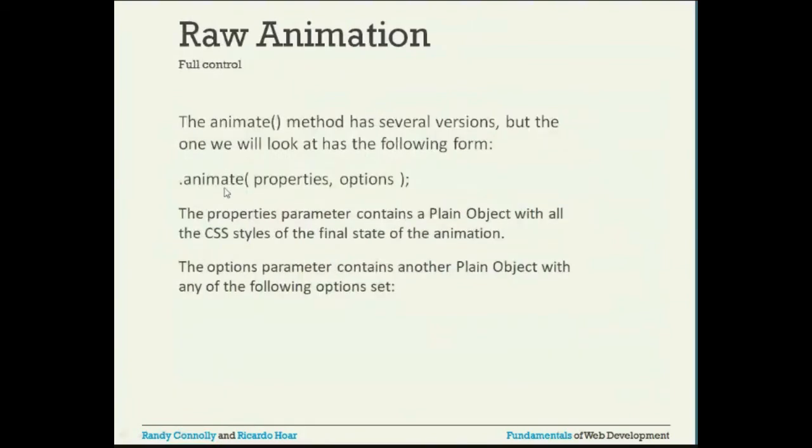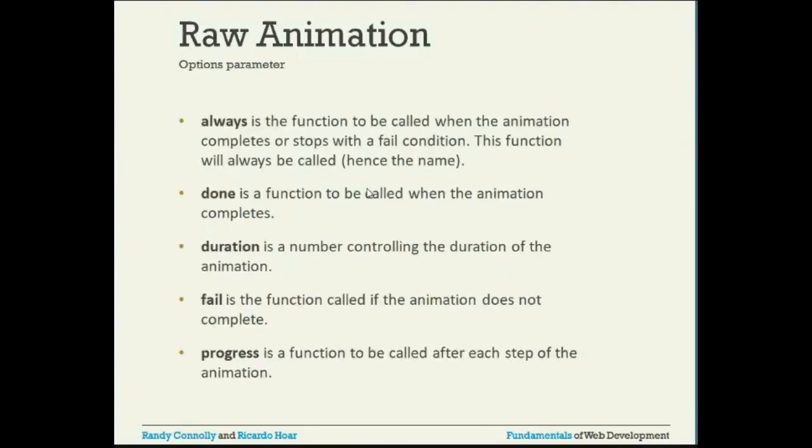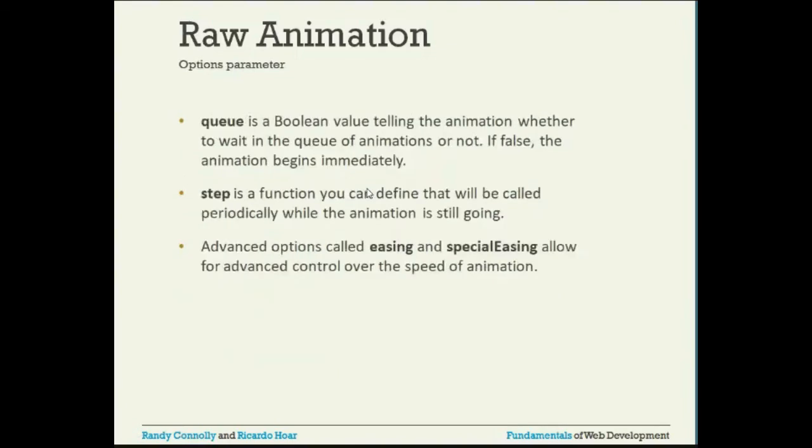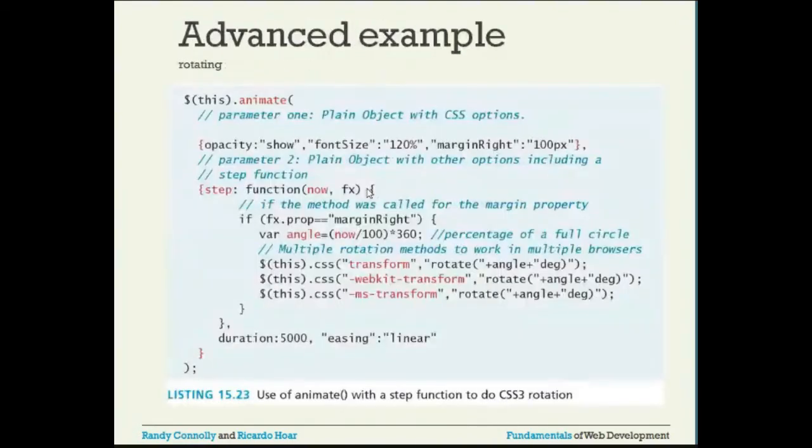When you are calling the animate method, the first argument is the properties and the second one is the options, and options will contain the option set we looked into. These are the option sets. The first one is the properties: opacity show, font size 120%, margin right 100 pixel.